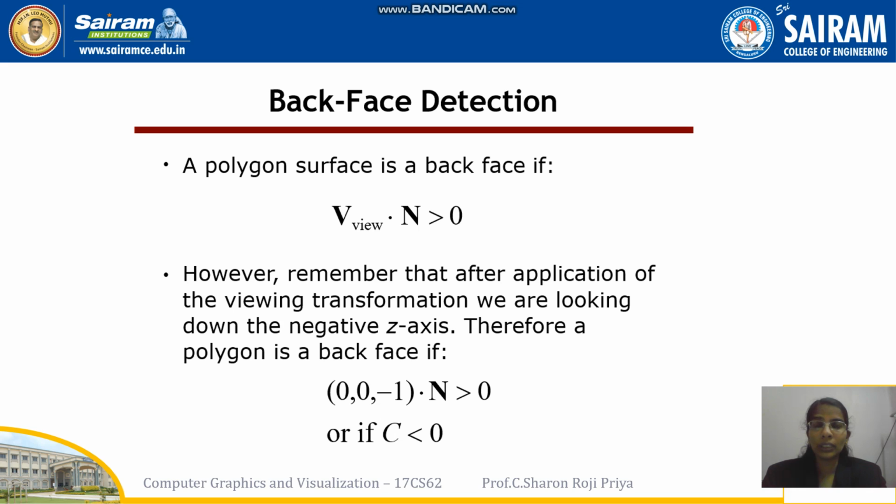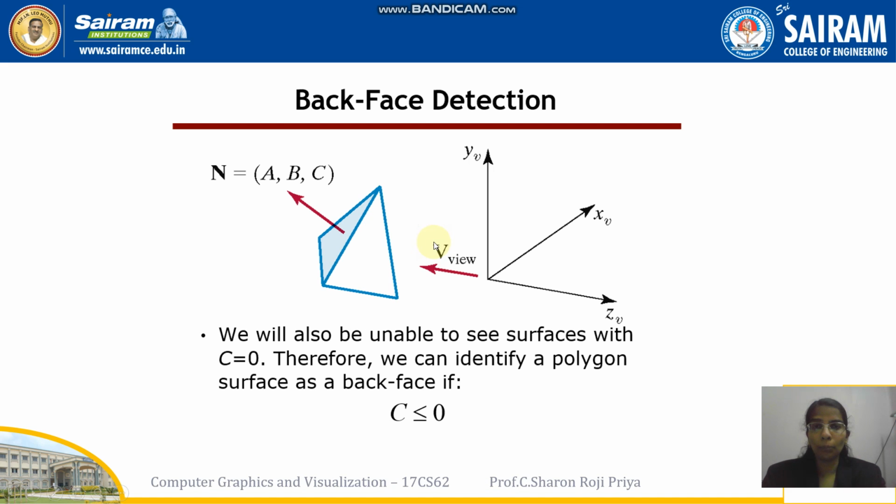If the value of C is negative, it shows it is a back face. Either I can use the dot product like this, or with the sign of C, I can identify that it is a back face. Similarly, if the value of C is equal to 0, that is also a back face, since it shows there is no surface. So if the sign of C is less than or equal to 0, it is your back face.